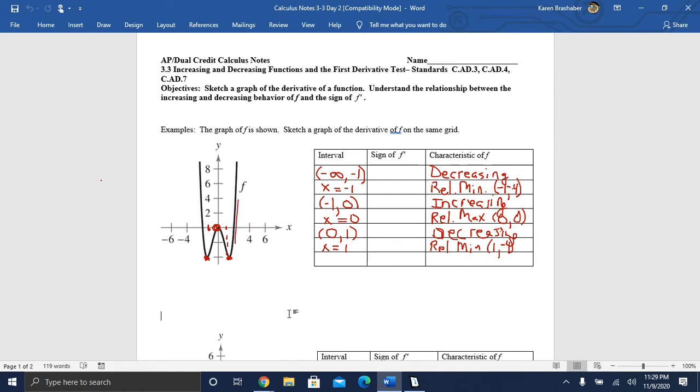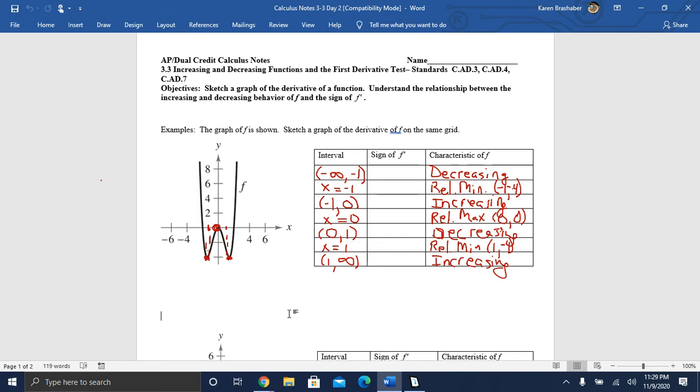And then finally, the graph is increasing. I see that that's increasing for the rest of the time. And so I'll go from 1 to infinity. So notice that I filled in my characteristic of the graph as well as my intervals first.